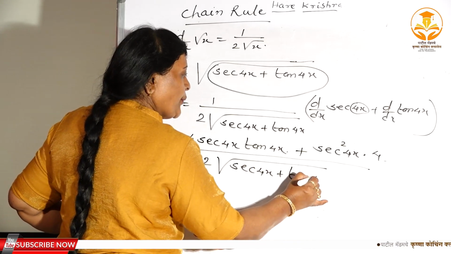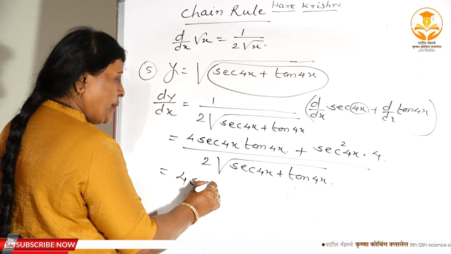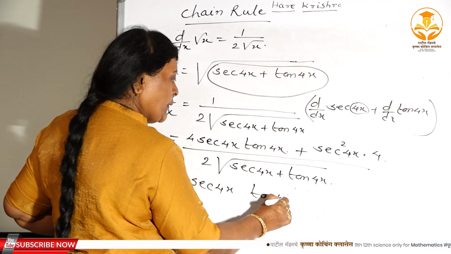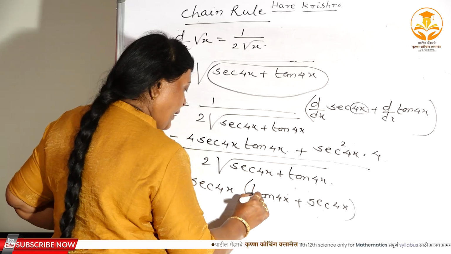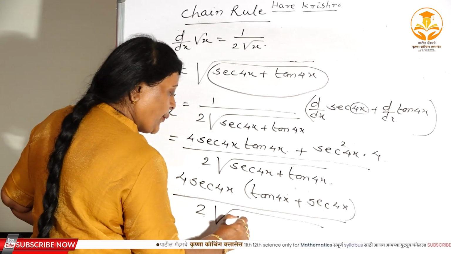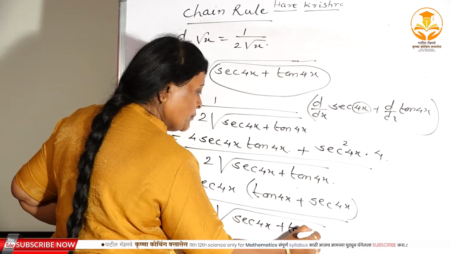plus tan 4x, right? Now you can take 4 sec 4x common. What remains? Tan 4x plus sec 4x, isn't it? Divided by 2 root of sec 4x plus tan 4x, right?